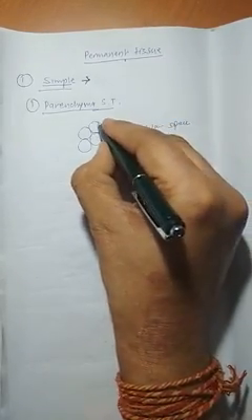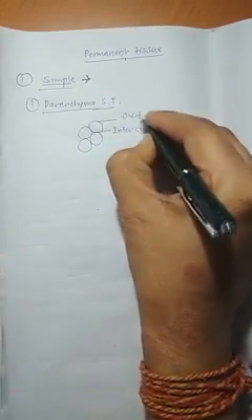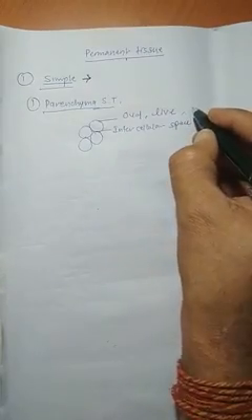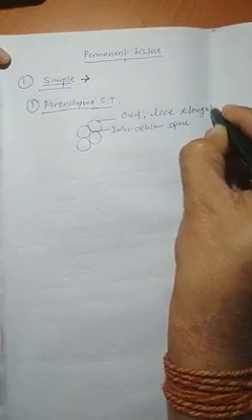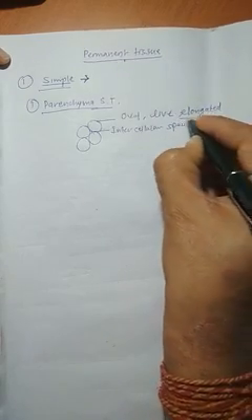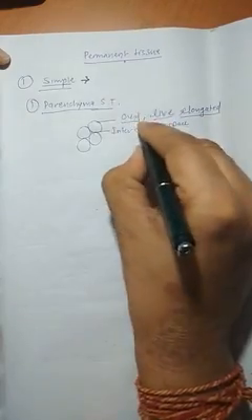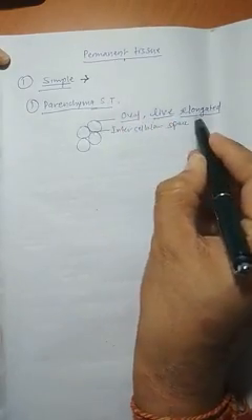Also, cells are oval, live, and elongated. Just remember, oval, live, and elongated.